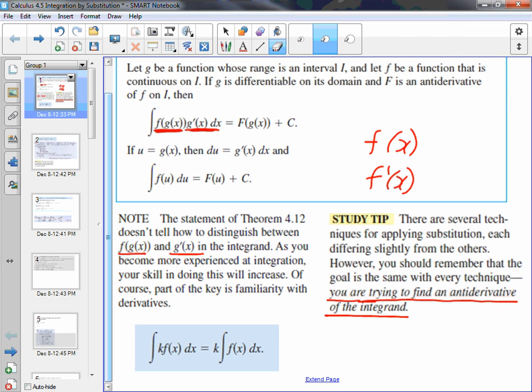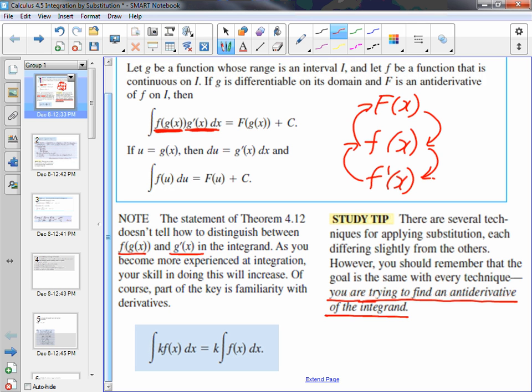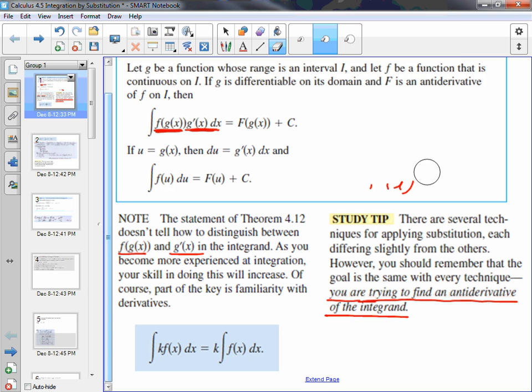But if we're moving down, we're taking derivatives. If we're moving up, we're taking antiderivatives. So we're going to move up. Yeah, we've done that. That's the second fundamental theorem of calculus.